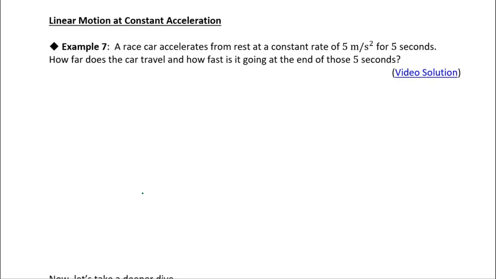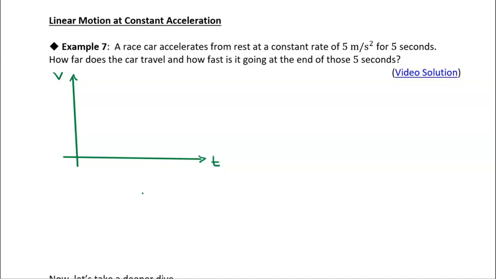All right, now I'm going to start with a graph of velocity versus time. Like we said before, the area under the velocity graph gives you the displacement. I know that I have constant acceleration.